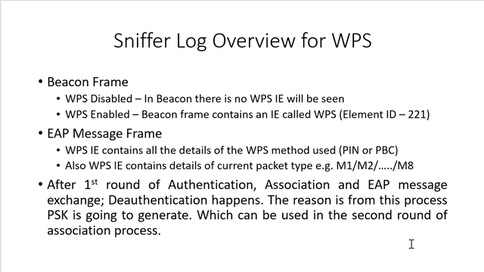So after the first round of authentication and association, the EAP message exchange will happen. Then deauthentication happens. You know what is the reason behind it? The reason is this is not a real-time authentication procedure, as we saw in my previous slide.